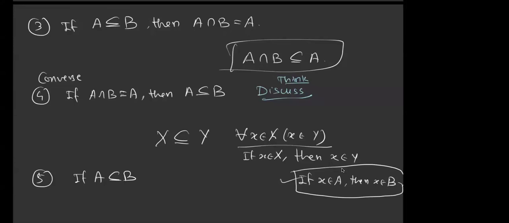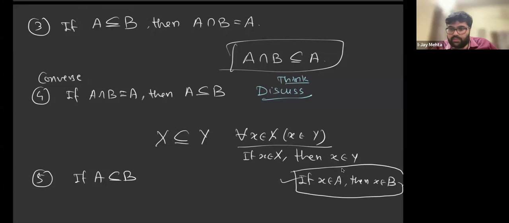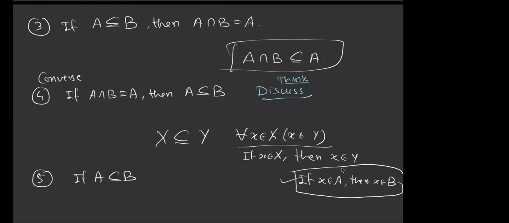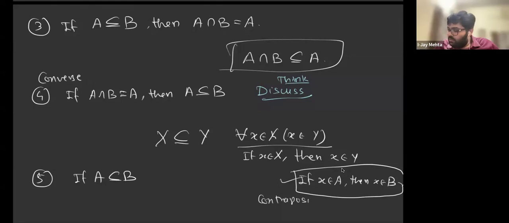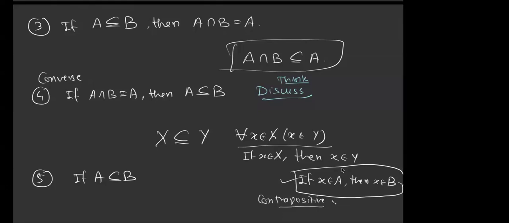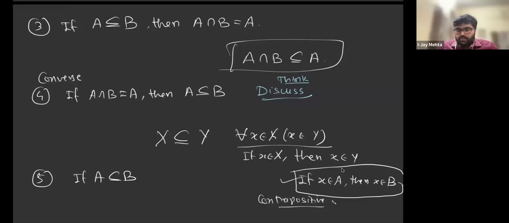Negation, converse, and then contrapositive. Yes, and changing quantifiers. Okay, that is with quantifiers, but here it is contrapositive. Now the question is, given a statement like this, what all can you associate to it? You can talk about its negation, its converse, its contrapositive. All three things make sense.